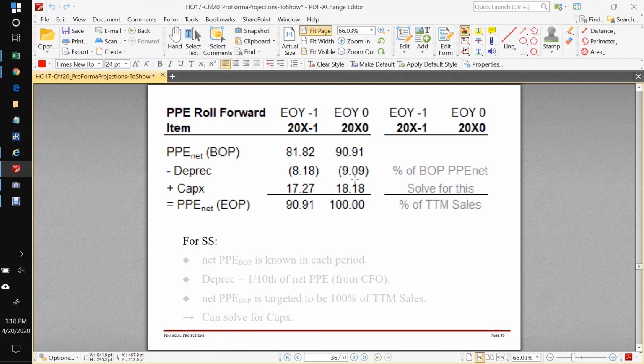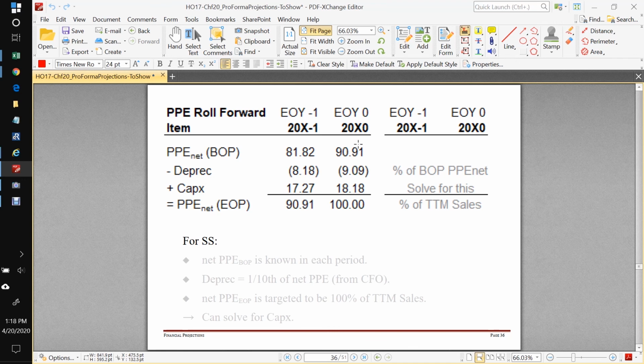My depreciation, remember the 10-year average life of all their PPE, will be 10% of beginning of year net PPE. And their target for PPE at the end of the year, to make sure they have enough to keep up with all the new machines they need for baking and mixing and packaging, is for their net PPE to be equal to 100% of TTM sales at the end of the year.